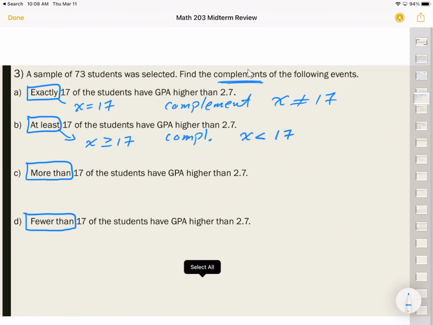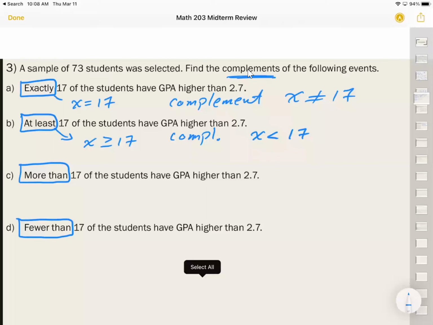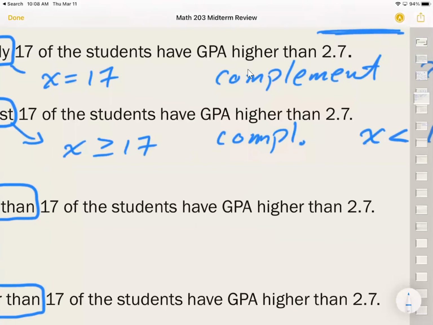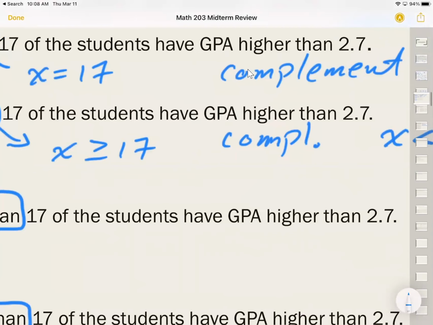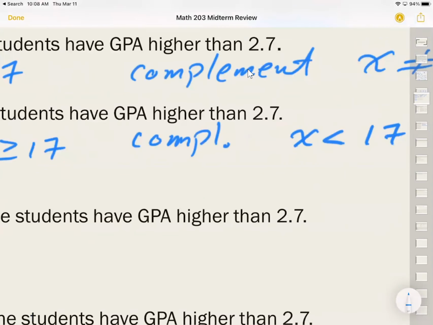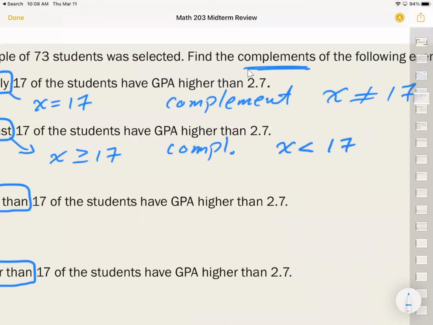Everybody agree right here? If x is greater than or equal to 17, the complement will be just x is less than 17. As long as it's less than 17, as long as it's fewer than 17, then it's the opposite or the leftover. Is that making sense in terms of using this inequality?